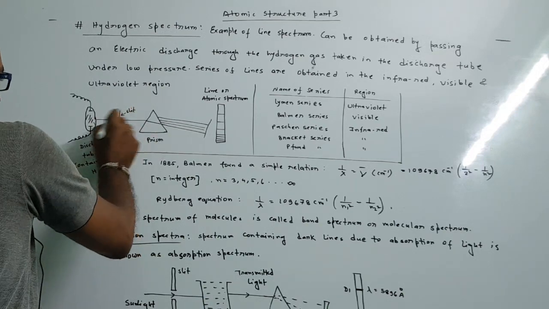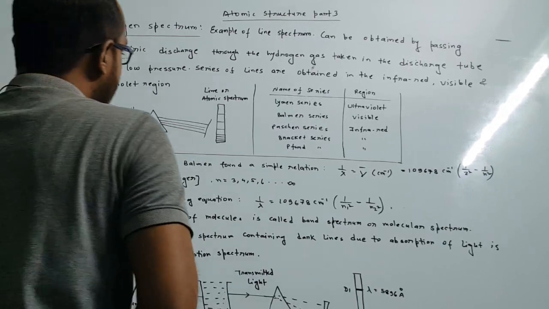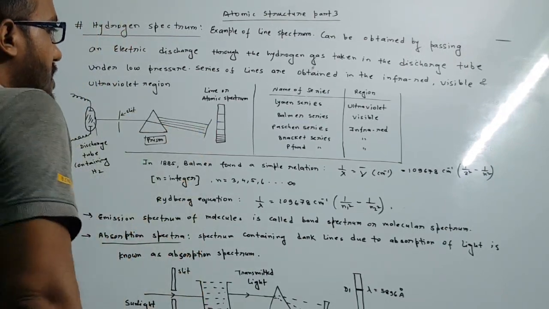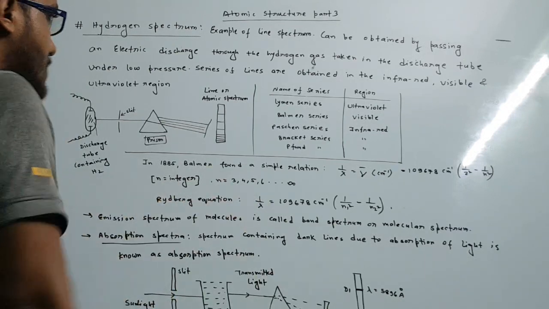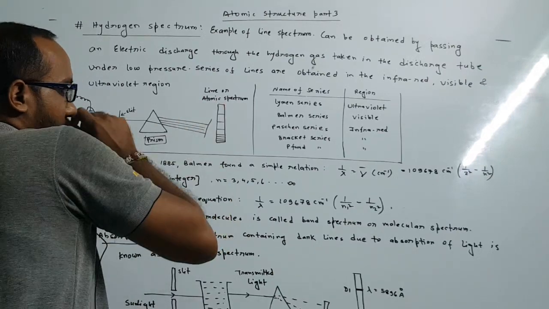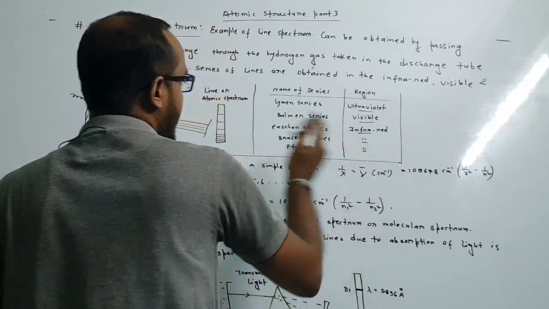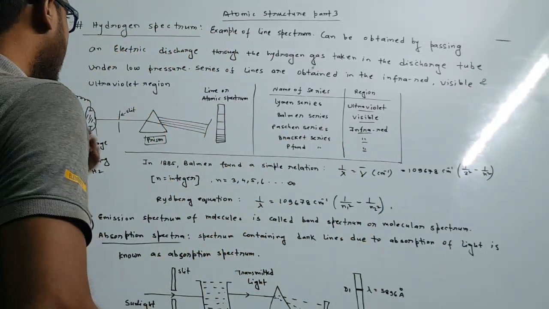If you pass it through a slit, after incidence on a prism, it will divide into different bands of colors, different lines of colors, and one of them is visible. You will get ultraviolet, visible, and infrared rays from the hydrogen spectrum.